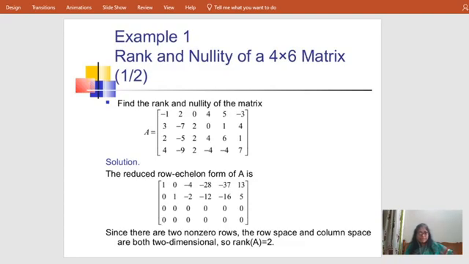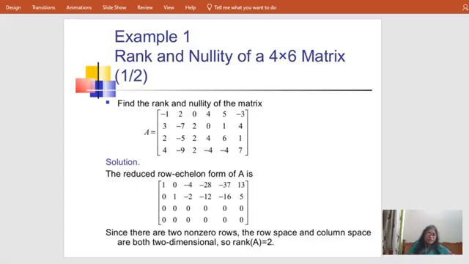Third row is 2, -5, 2, 4, 6, 1. The last row is 4, -9, 2, -4, -4 and 7. The big 4 by 6 matrix.